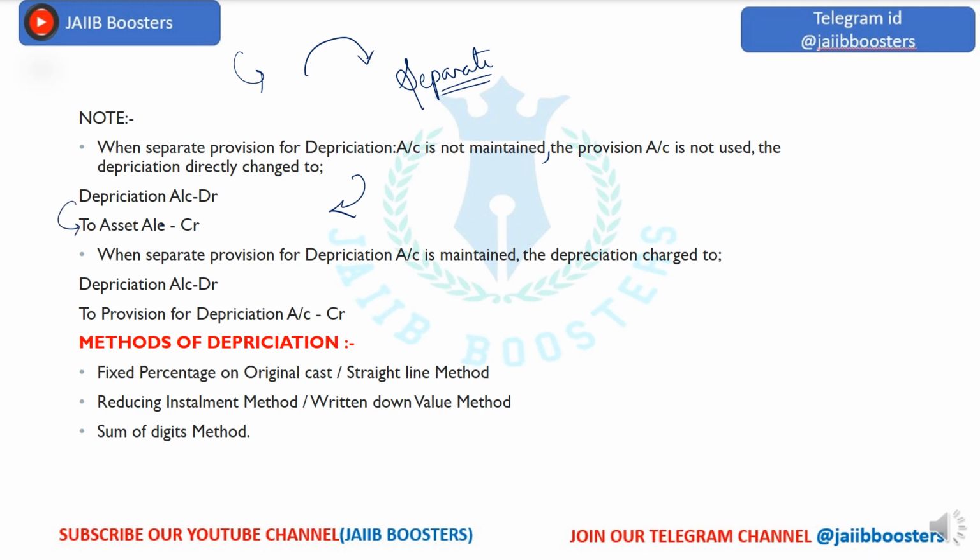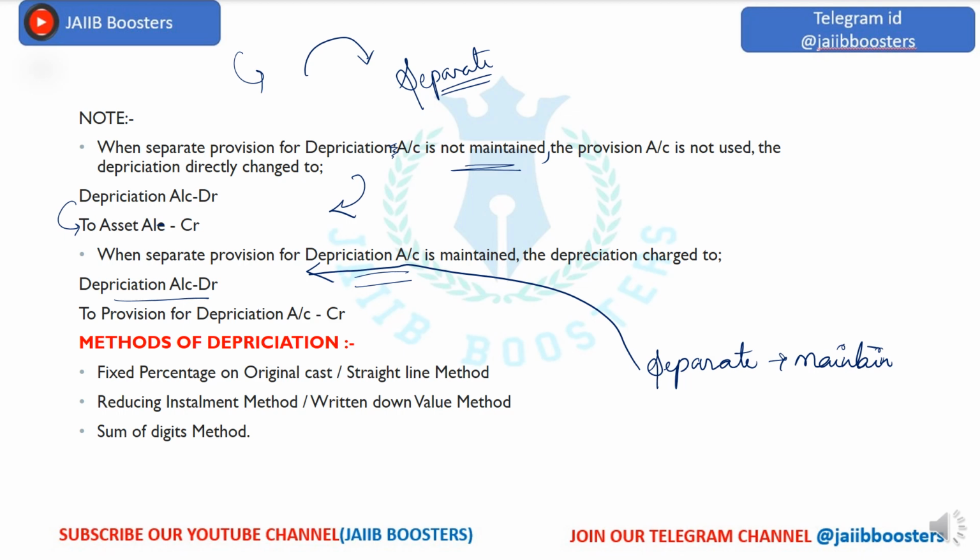So if the separate account is maintained, the depreciation account is debited and the provision for depreciation account is credited. If it is not maintained, then it would be the depreciation account to the asset account.